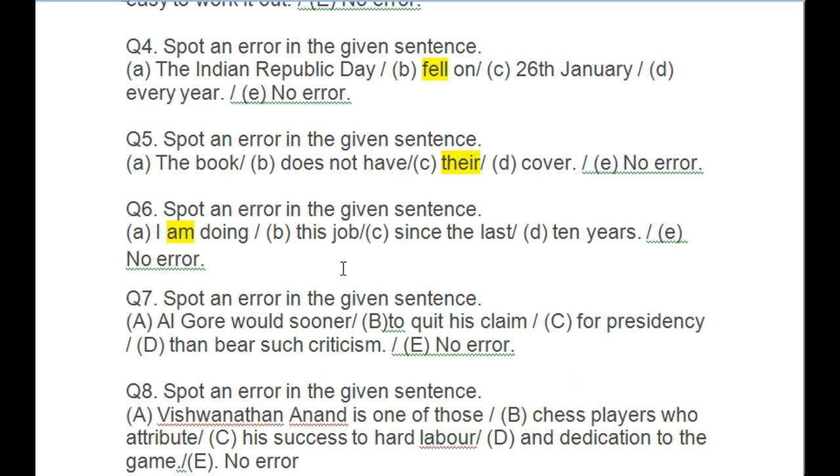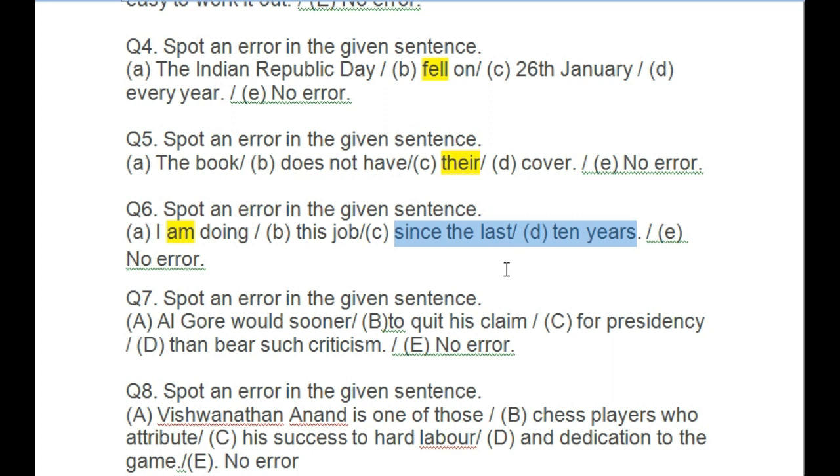Now people may have a problem about "since the last," and I've seen students making mistakes in finding errors in sentences with "since the last." One thing I would like to make clear is that when we say duration, "for" is a time referring preposition used for duration, and "since" is for a specific point of time.